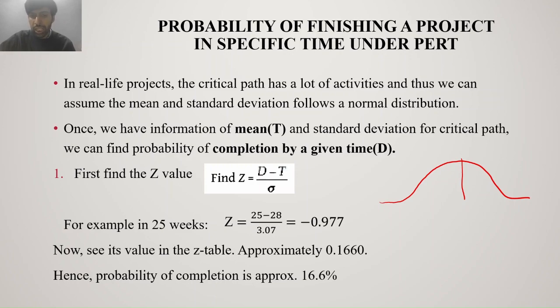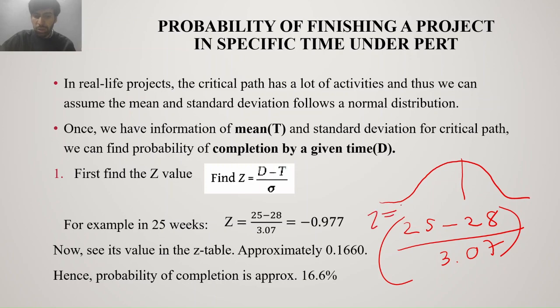Say we want to check, can this project, which we just found out will usually happen in 28 weeks, finish earlier, in 25 weeks? What we do is take the specific time period we want to check minus our expected time duration, divided by the standard deviation we just calculated. By this we get the Z value.